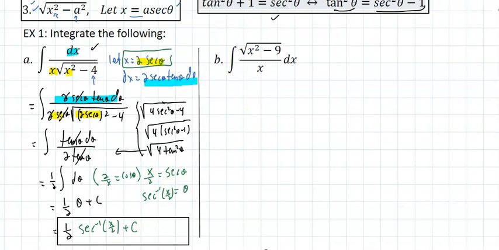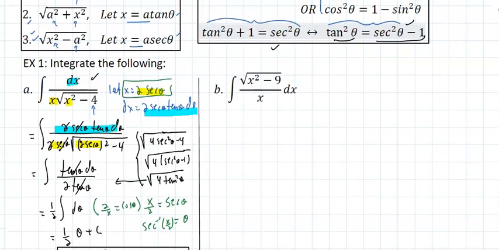If I get to the next problem, I notice it's the same idea. That is, I see the third form. I would let x equal 3 secant of theta. dx will be 3 secant of theta tan of theta d theta.